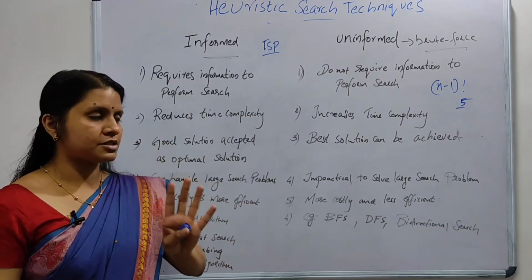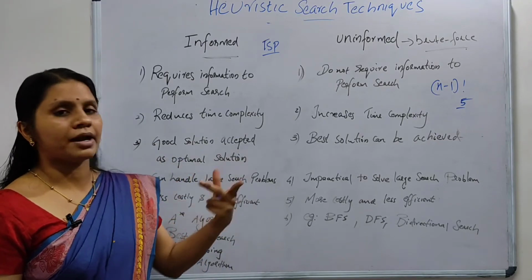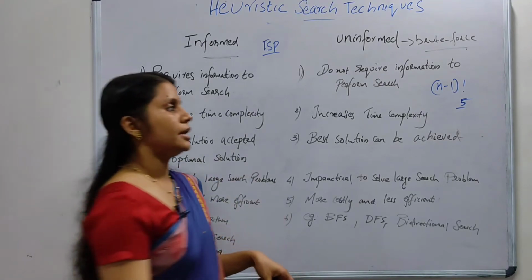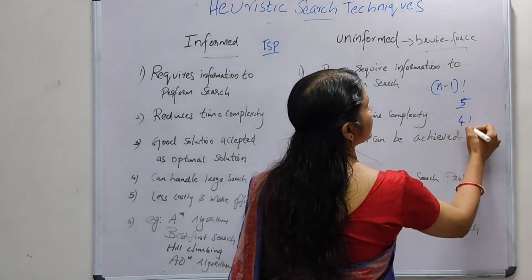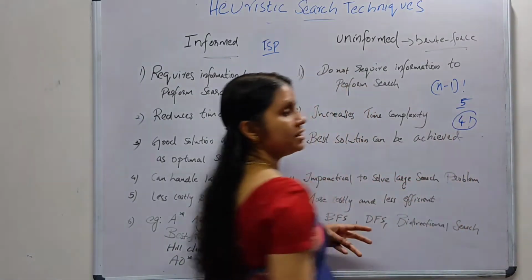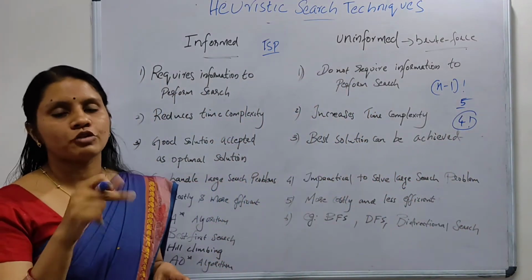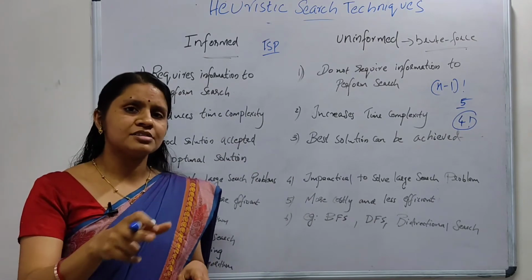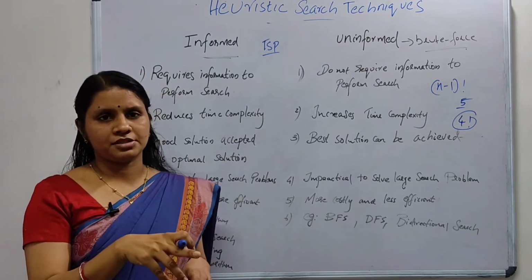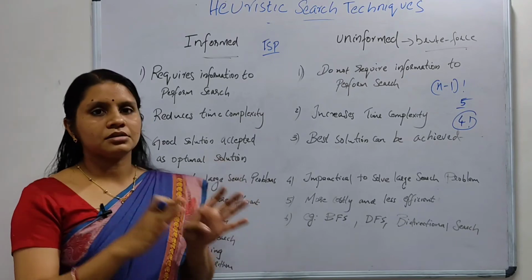If there are 5 cities and we are applying uninformed search on it, then 4 factorial states need to be checked using uninformed searching. So it increases time and space complexity. This is not the best search.